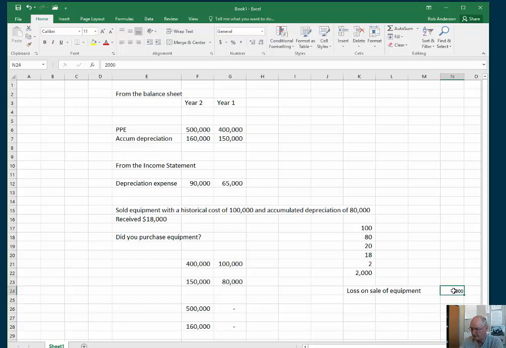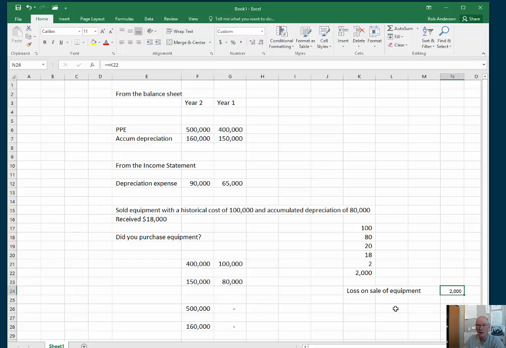And then it would say 2,000, right? So what we have here is a line on your income statement that says I lost $2,000. That causes your net income to be $2,000 lower, but you didn't pay anyone that money, did you? You don't say, oh, look, I lost 2,000.